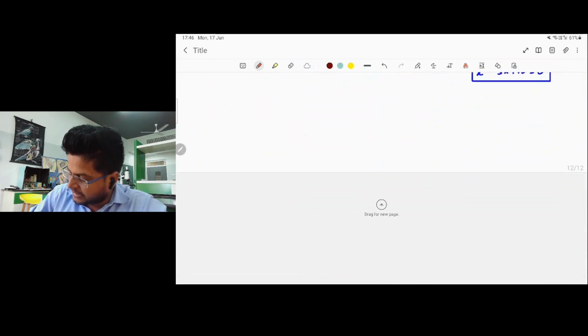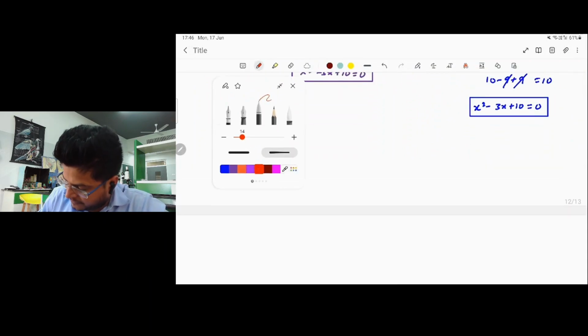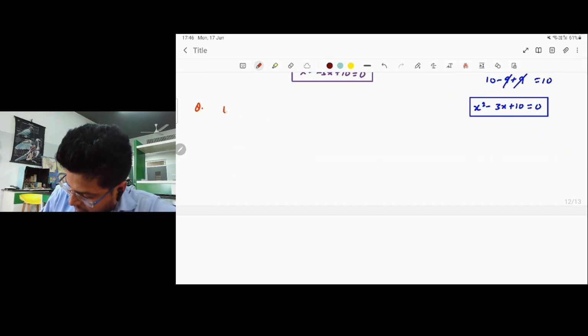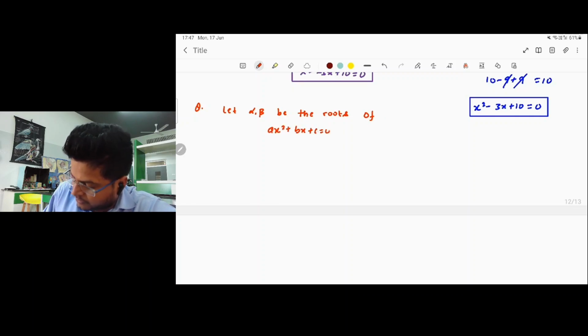See, the question is, let alpha, beta be the roots of ax square plus bx plus c equals 0.